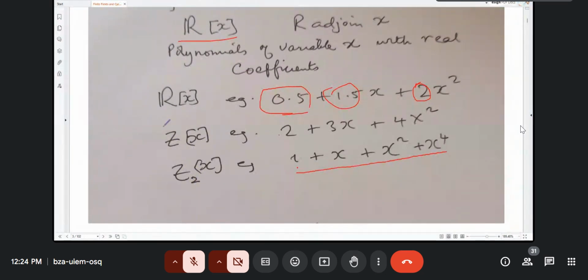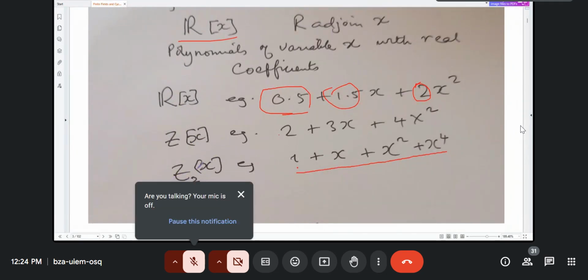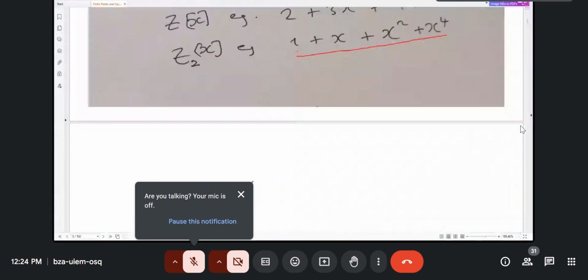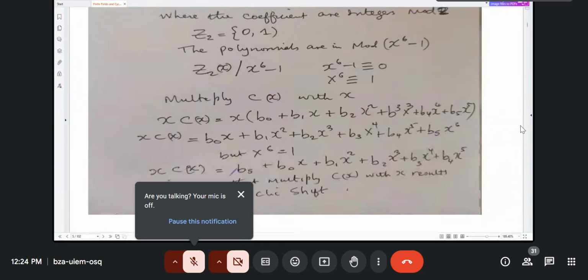They are not all integers, but just integers in certain prime numbers. So we are going to see that. So this is how you represent it. This means R adjoint X, Z adjoint X, Z2 adjoint X. So let's see the others.